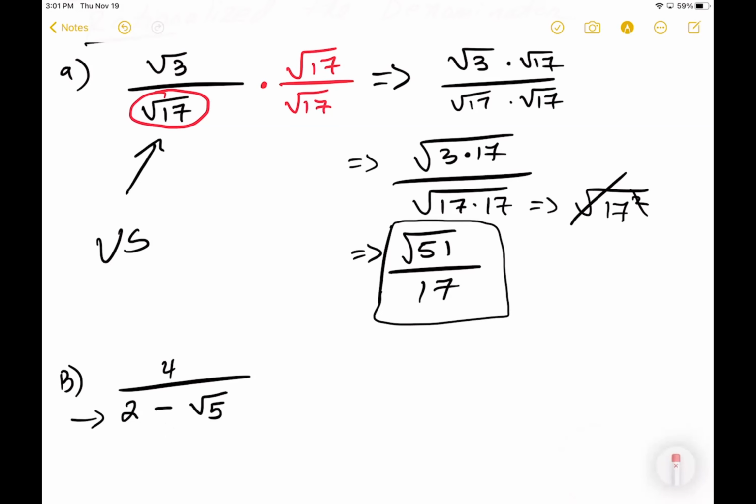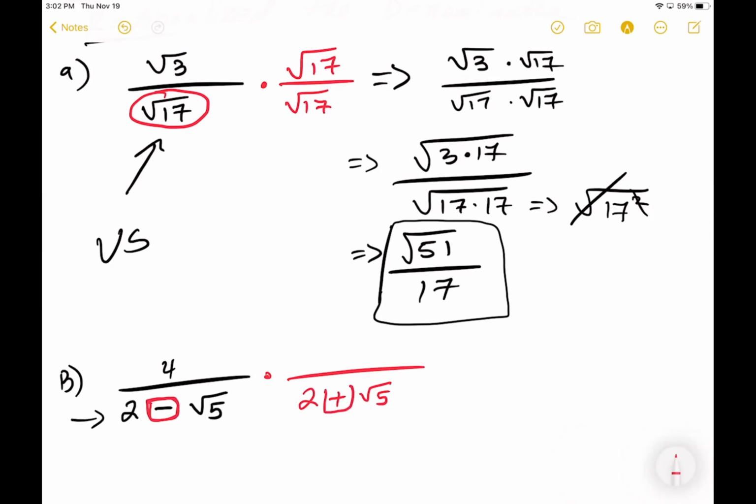And if we have an addition or a subtraction, in order for you to get rid of this item, we need to multiply by a conjugate. What is the conjugate? The conjugate is whatever this item is.